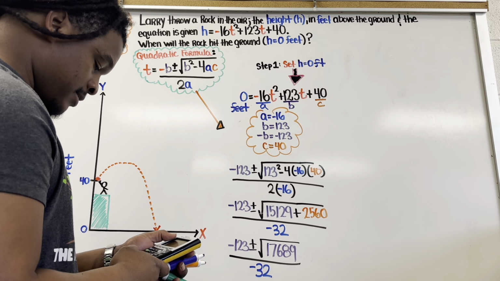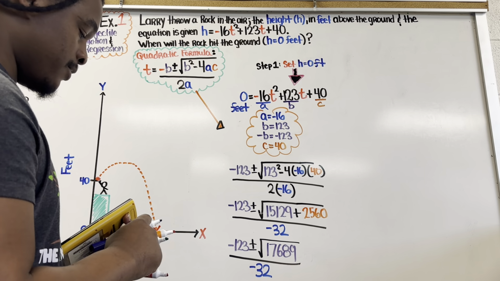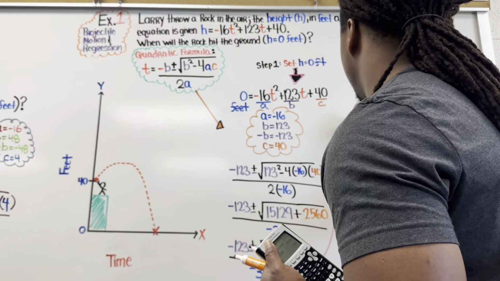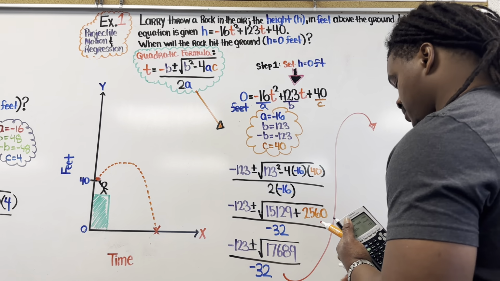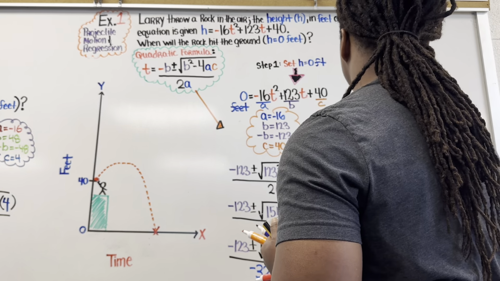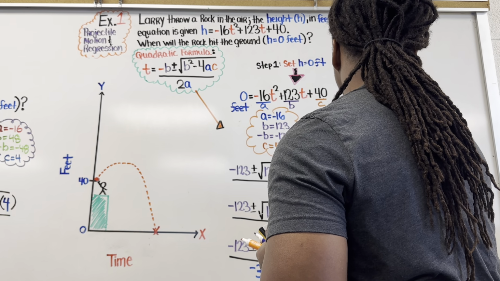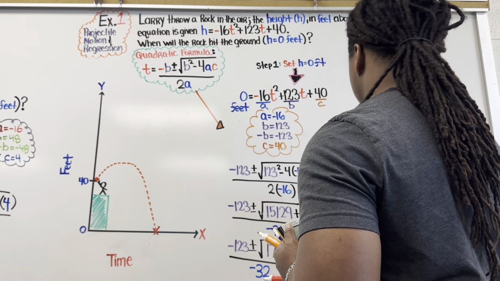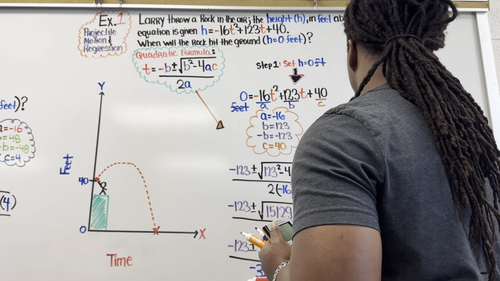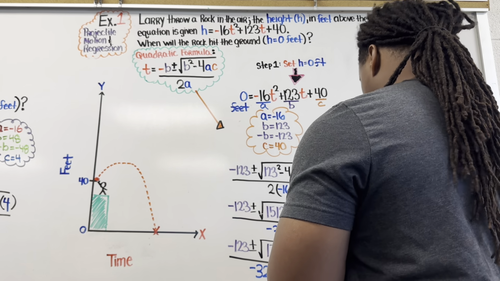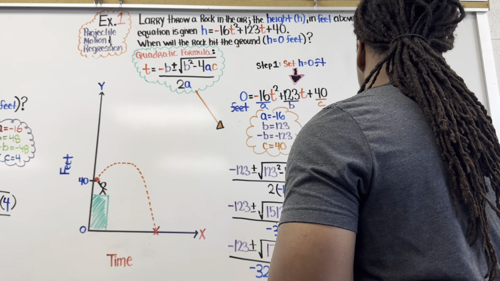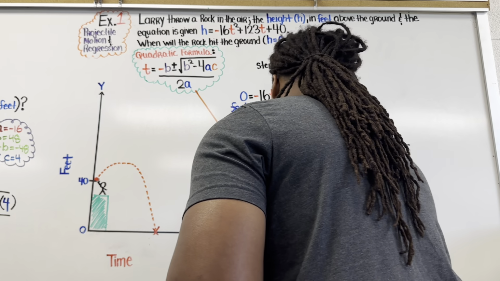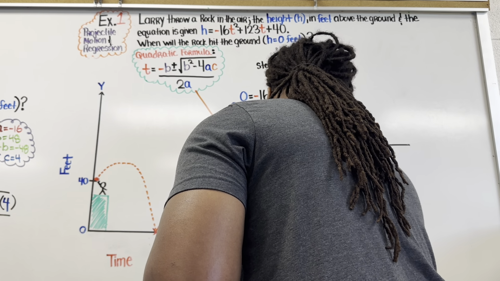The square root of 17,689 is 133. So now we have negative 123 plus or minus 133, all divided by negative 32.